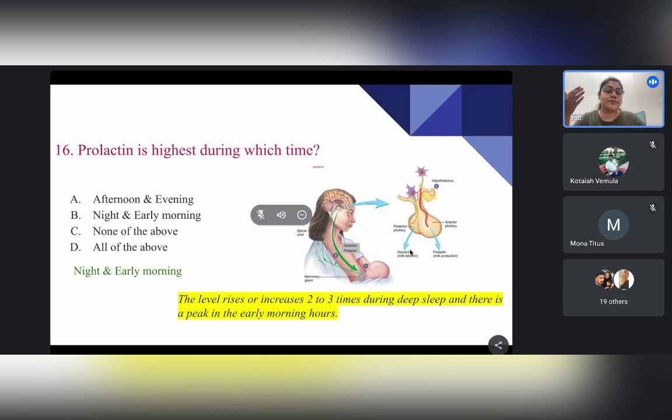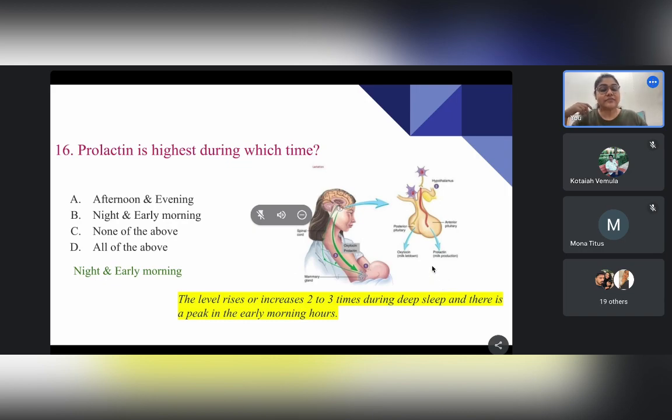Prolactin is very much required for the formation of milk, and oxytocin is helping in the release of milk, right? Prolactin is a hormone present in both males and females, but definitely the role is expressed in the females only, where it is used for milk production, right?